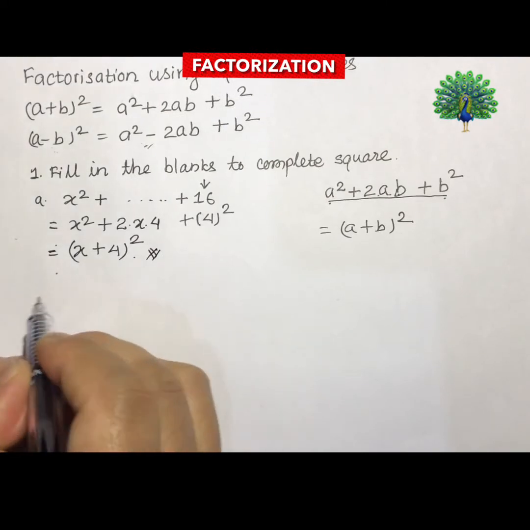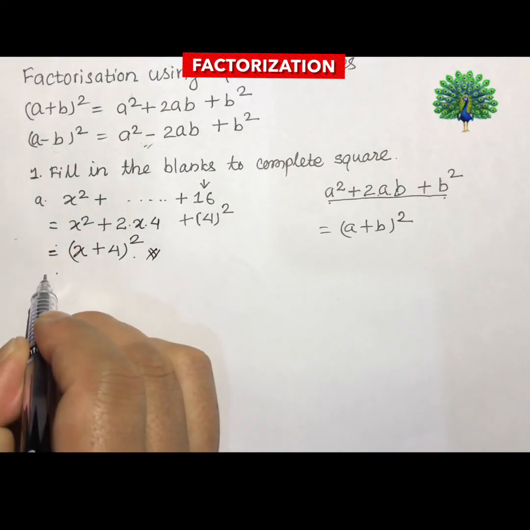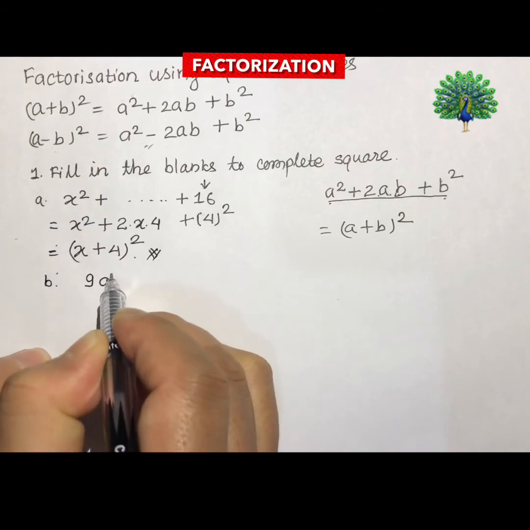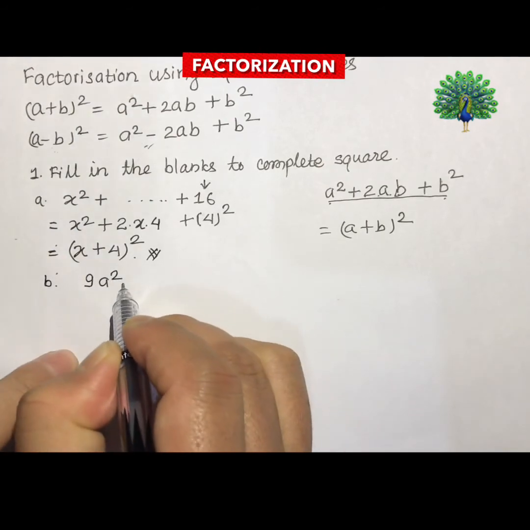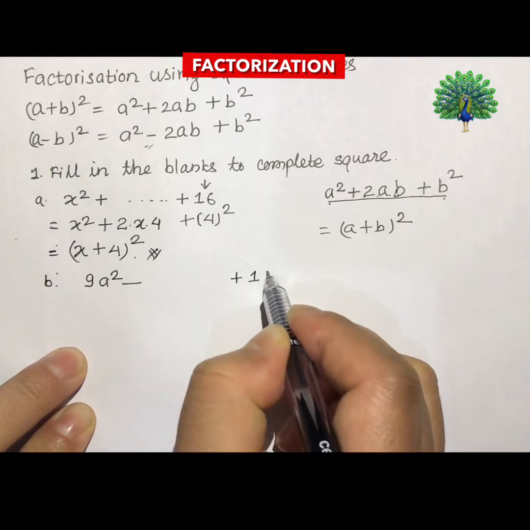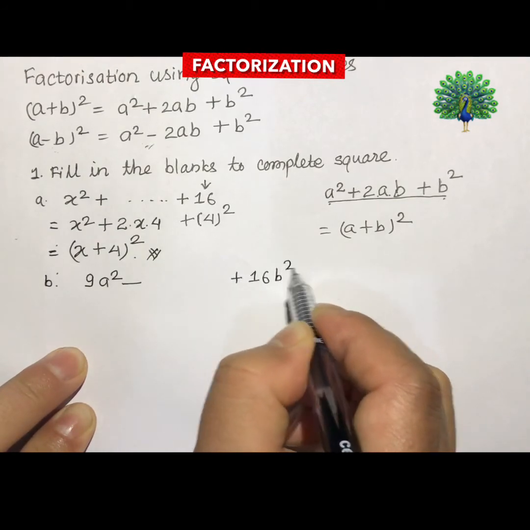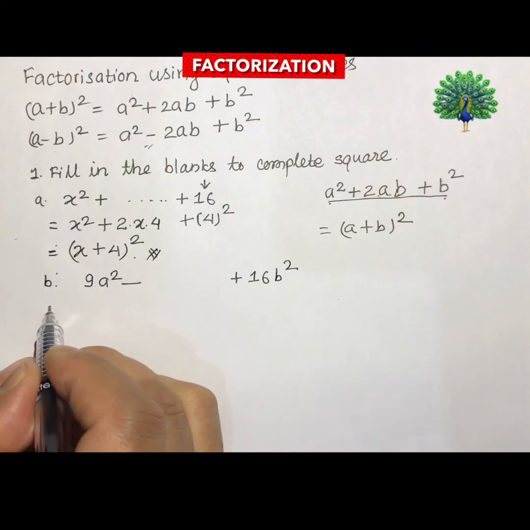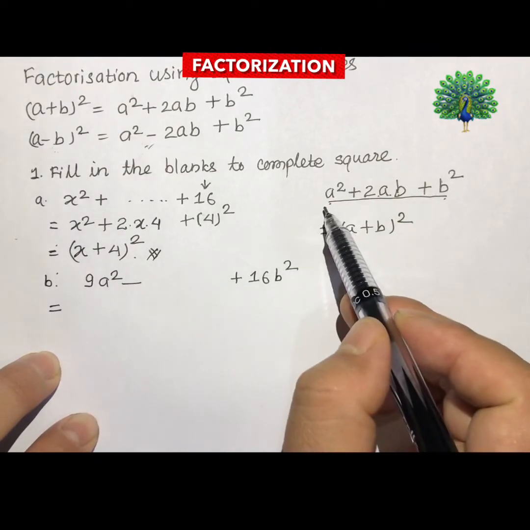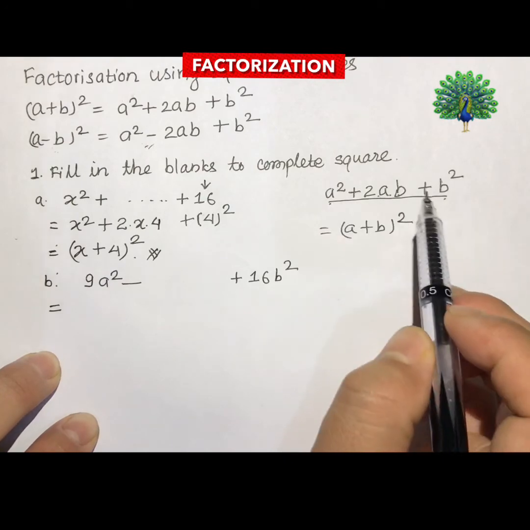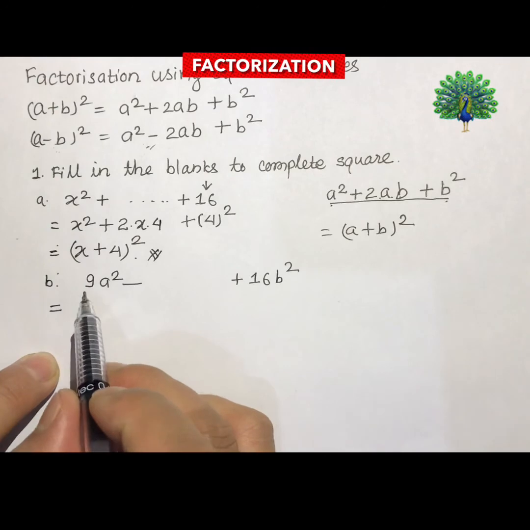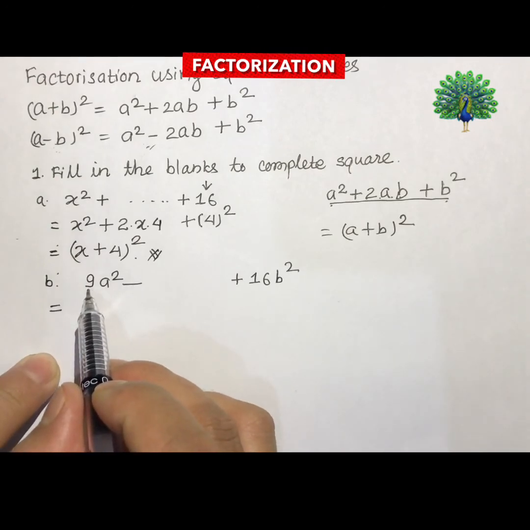We can be clearer by taking another question. 9a square minus something plus 16b square. We just focus here: the first and last terms should be squares. Does it have squares or not?